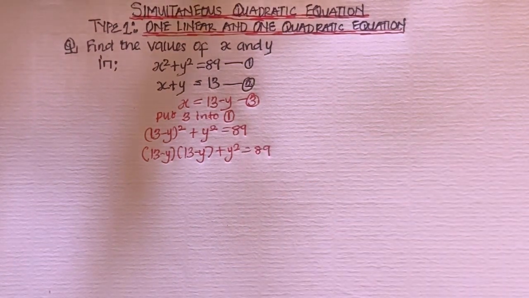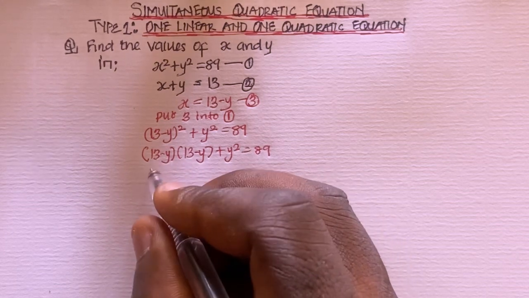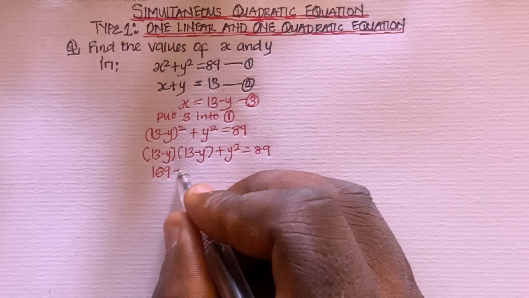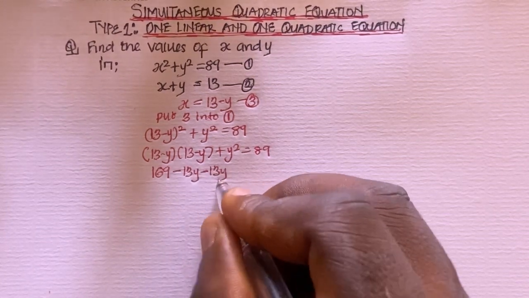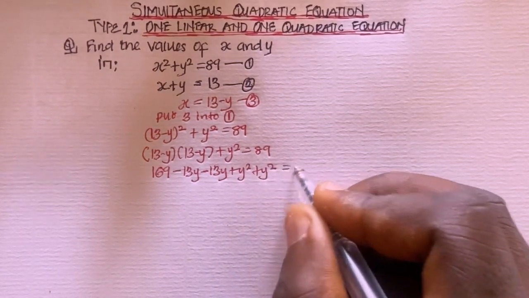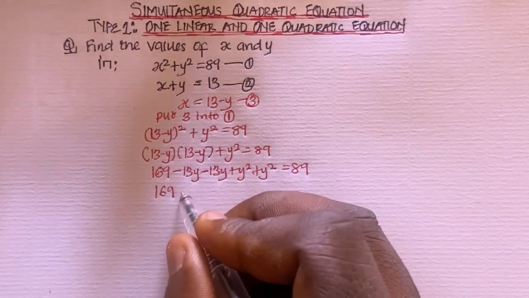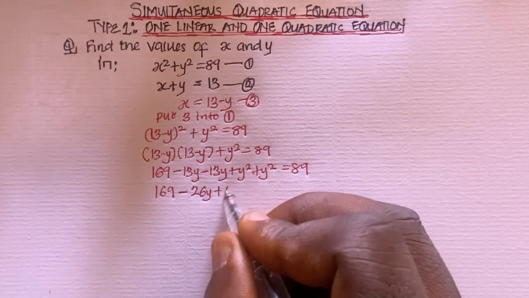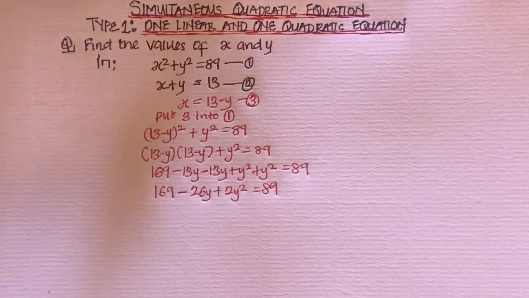So now let's go ahead and expand this. Expanding this, I'm going to have 13 multiplied by 13, that's actually 169. Then here I'm having minus 13y, minus 13y again, then plus y squared equals 89. So here I'm going to have 169 minus 26y plus 2y squared equals 89.